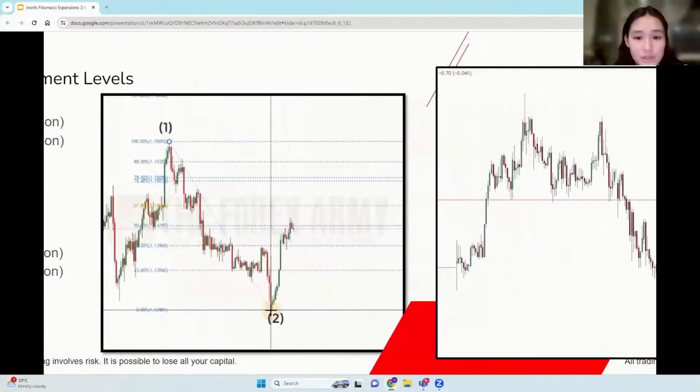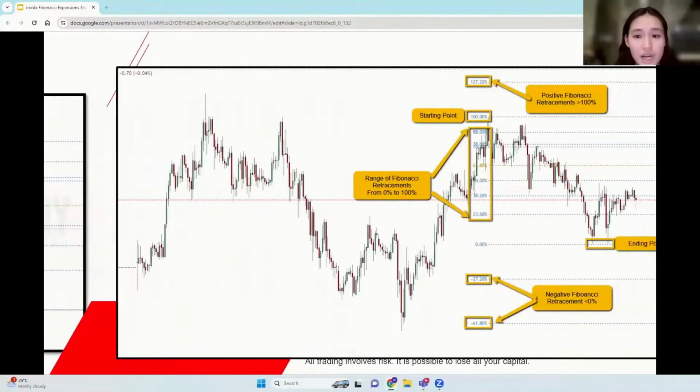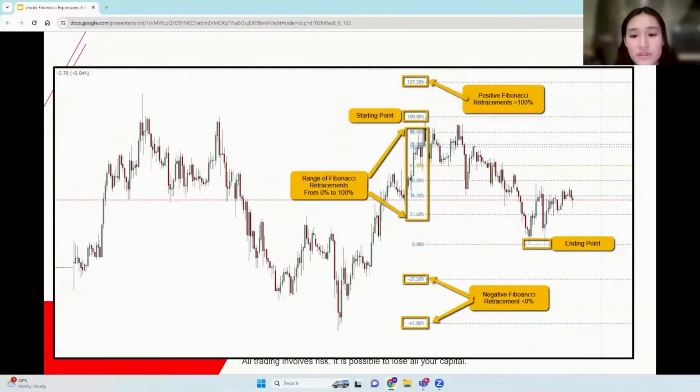So here's an example of it on a chart. Here you can see all the different Fibonacci numbers that we mentioned in the previous slide and how exactly it looks drawn out. You want to firstly take note of the starting and the ending point of our Fibonacci trend line. You can see the starting point is up here, ending point down here. As we mentioned, mid-range are the retracements.